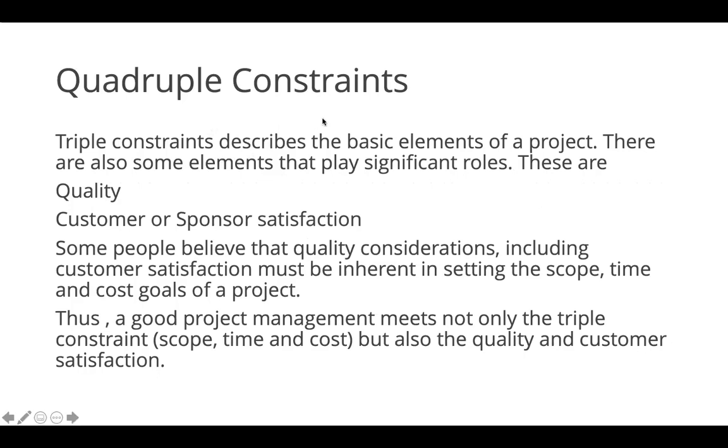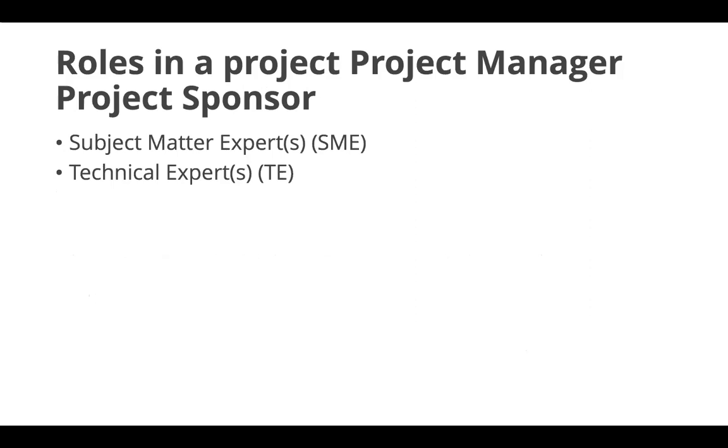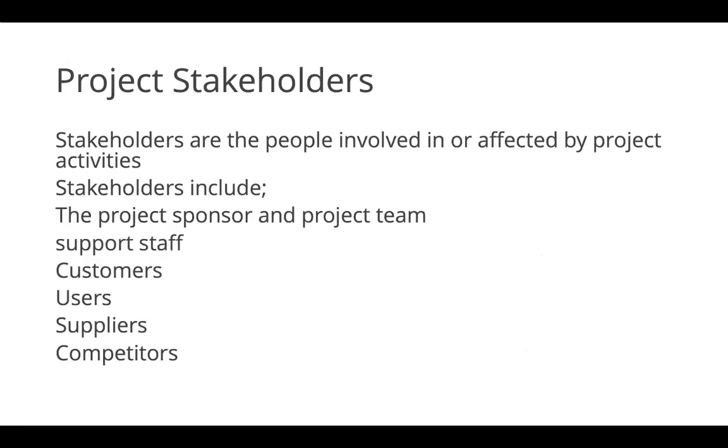So the triple constraints describe the basic elements of a project. Of course, there are also some elements that play significant roles, and these are quality, and customer or sponsor satisfaction. Some people believe that quality considerations, including customer satisfaction, must be inherent in setting up the scope, time, as well as the cost of the project. So this quality is becoming very important.